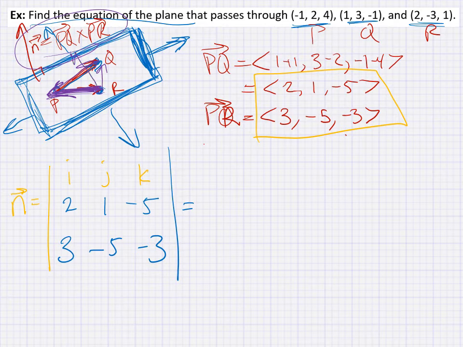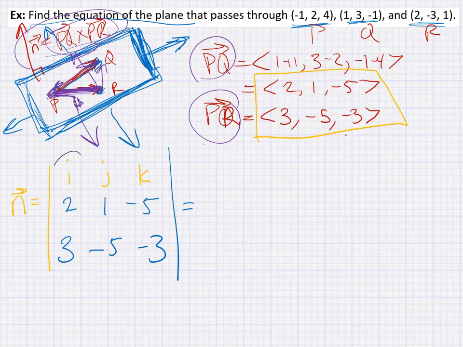And so the order in which I created these vectors doesn't really matter. Also, whether I do PQ cross PR or PR cross PQ, it'll give me a vector that's still normal to the plane. It's just pointing in the opposite direction. So it doesn't really matter what kind of order we do this in. We can't mess this up order-wise. Now you can mess it up computationally, but just think about that.